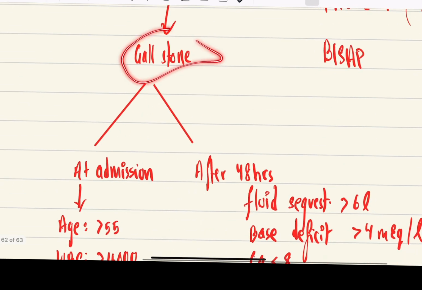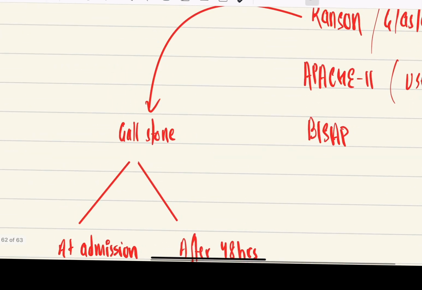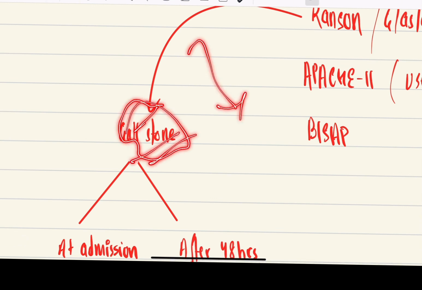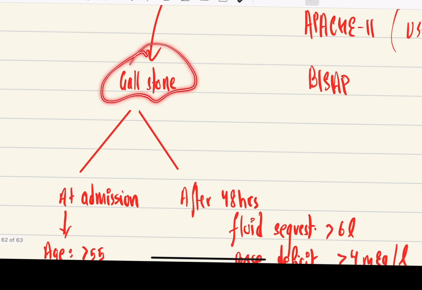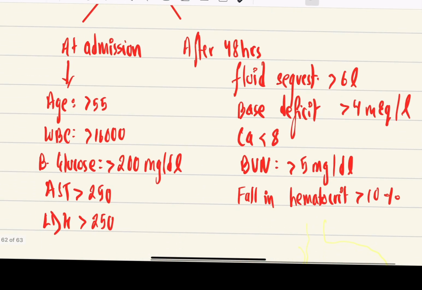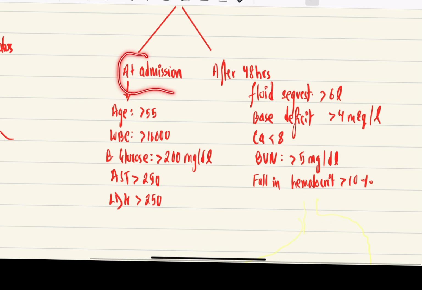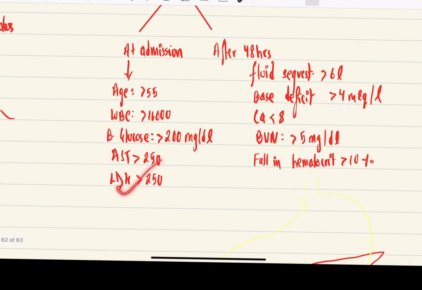Ranson score is divided into two types: pancreatitis with gallstones, or pancreatitis without gallstones. If there is gallstone pancreatitis, we should check these points. At admission: age more than 55, WBC more than 18,000, blood glucose more than 220, AST more than 250, LDH more than 400.